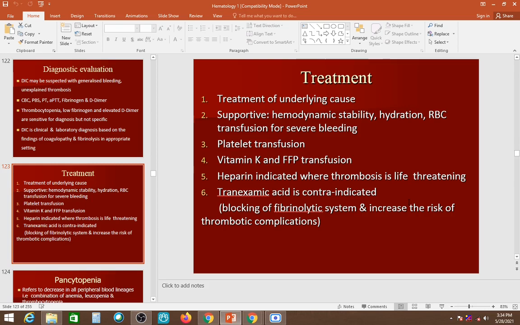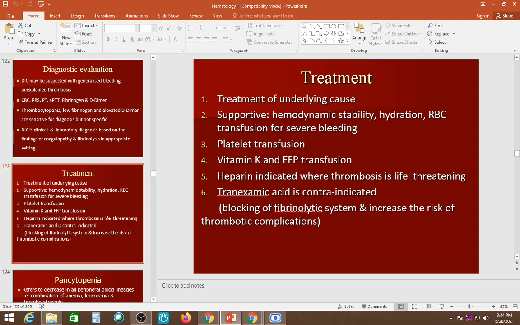I told you that DIC should always be suspected in the presence of generalized bleeding in the setting of thrombosis, and in the clinical context, like whether it is obstetric or sepsis or a patient having severe malaria. So you always have to ask, am I dealing with a DIC? Yes. I think you all are feeling it's straightforward. Okay. So I think this ends the hemolytic anemia.